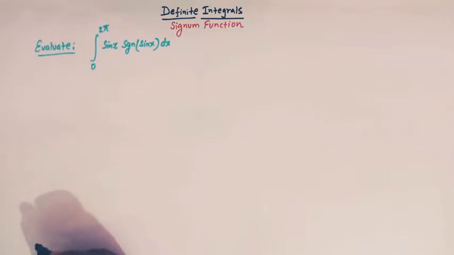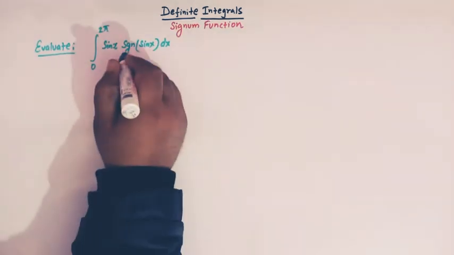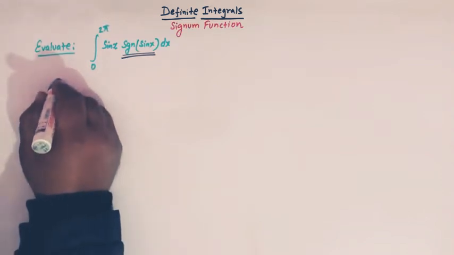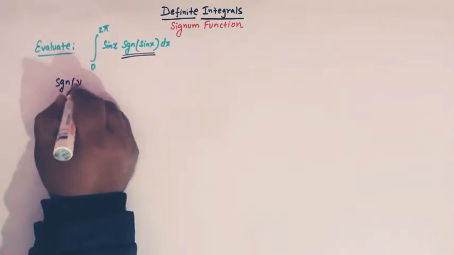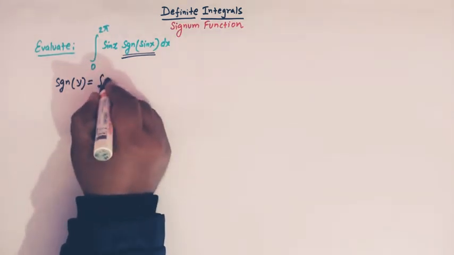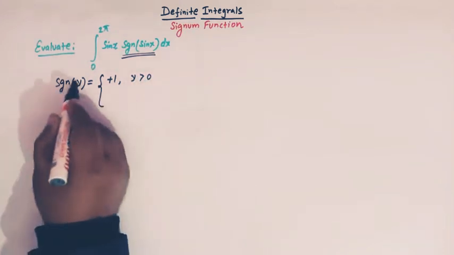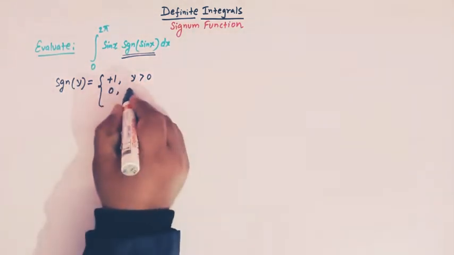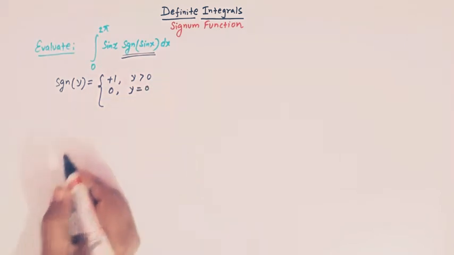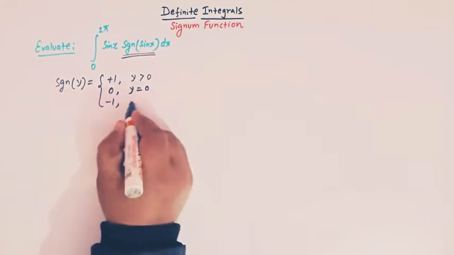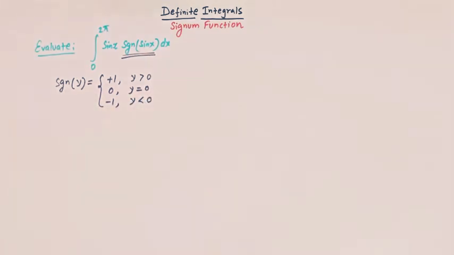Before proceeding further, let us first take a quick look at the definition of the signum function. We know that signum of y is equal to plus 1 whenever y is greater than 0, signum of y is equal to 0 whenever y is equal to 0, and signum of y is equal to minus 1 whenever y is less than 0.